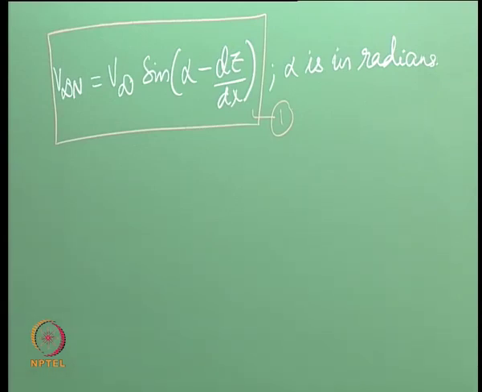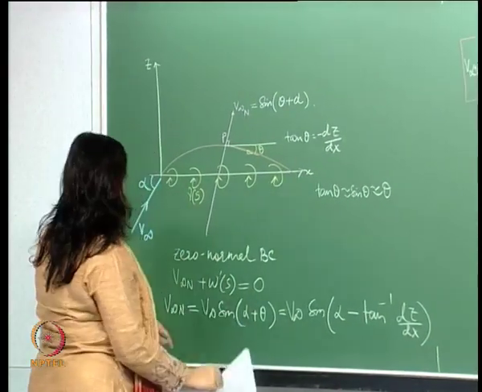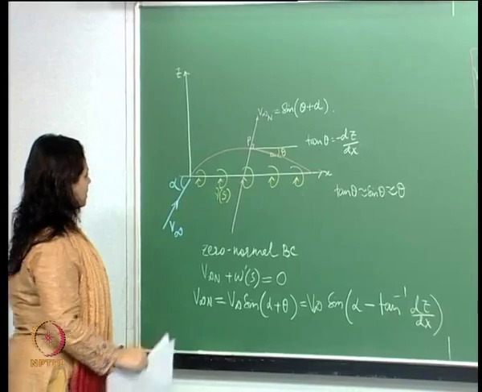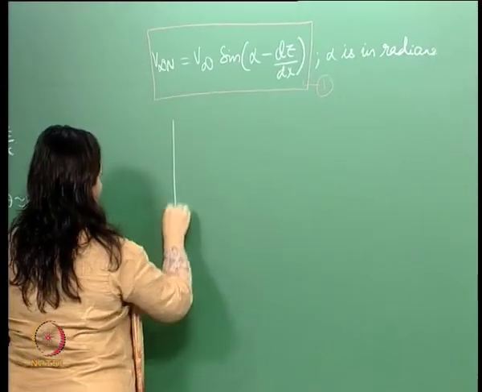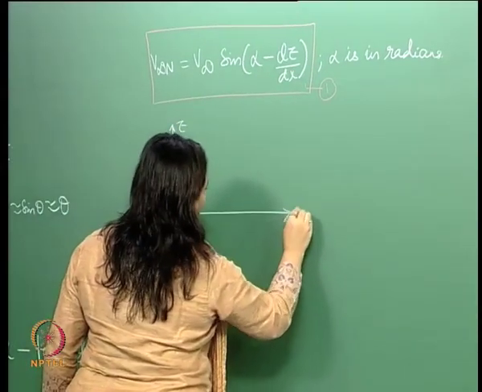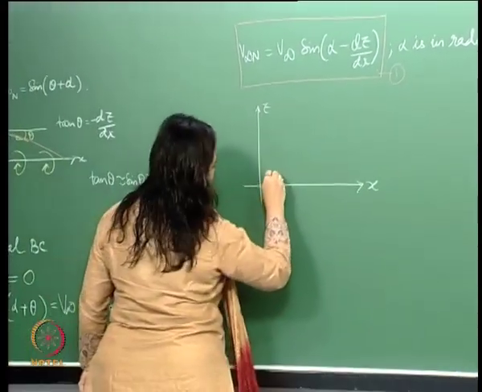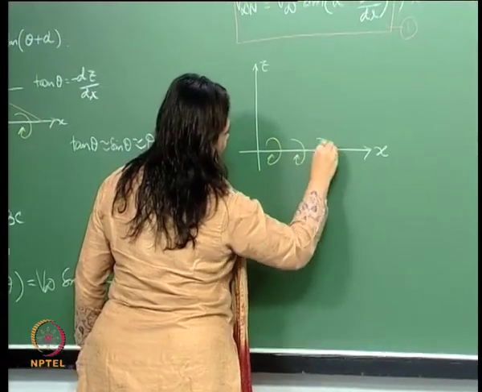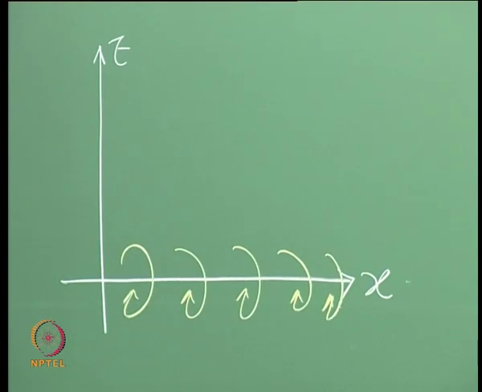So therefore we get this. Now let us get the normal component of the induced velocity. If I look at it this way, I have essentially a vorticity distribution like this.